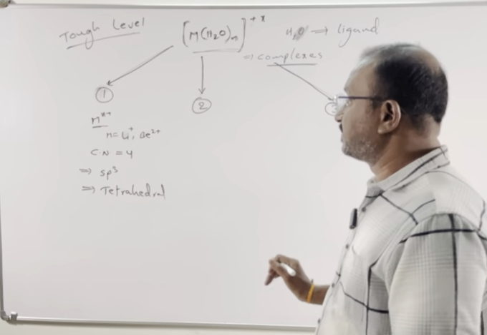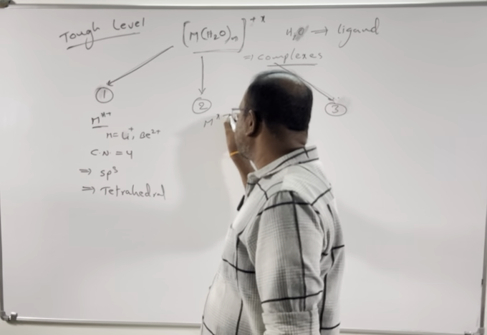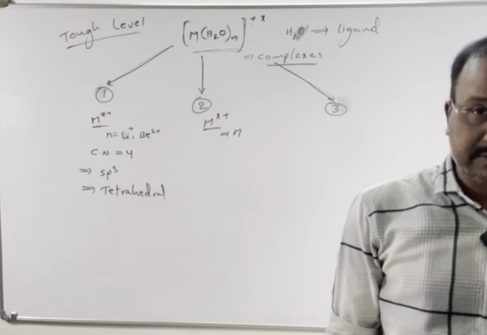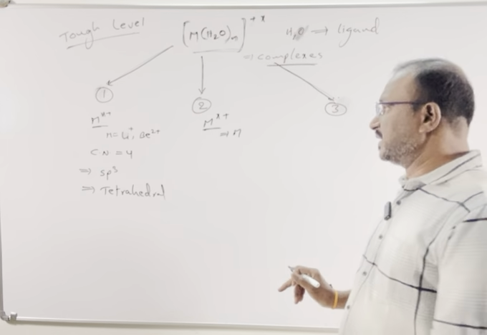And the second type is M x plus, where that charge may be whatever, let us see later in detail.